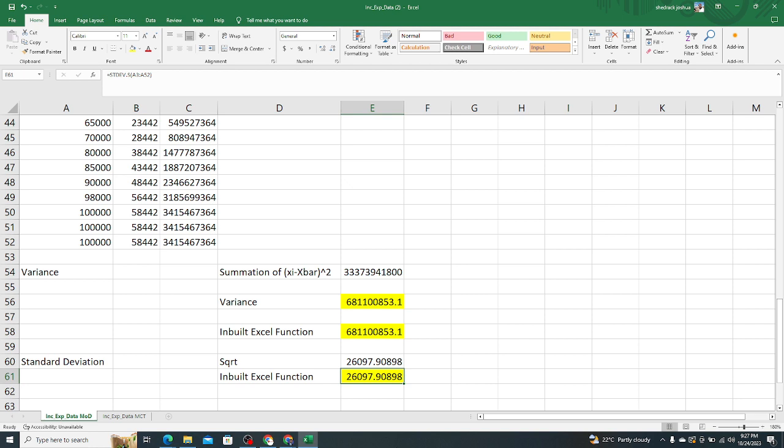It is almost measuring the same thing which variance is measuring. The difference is that the standard deviation is trying to show at what extent is the dispersion.